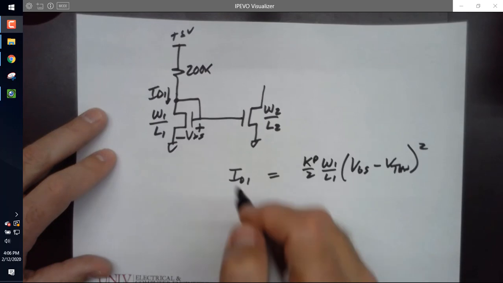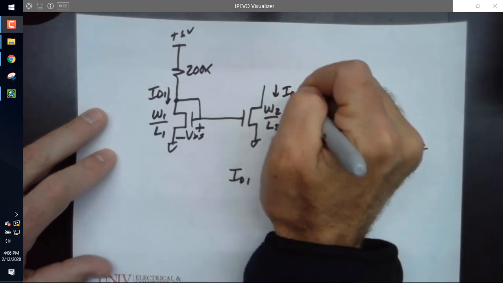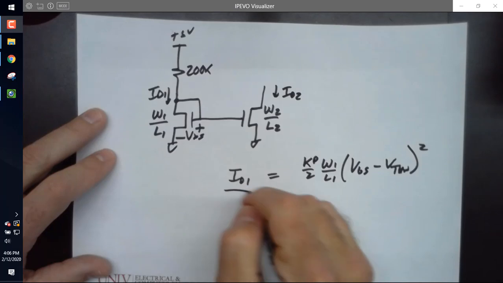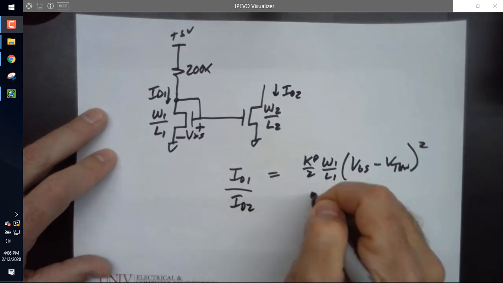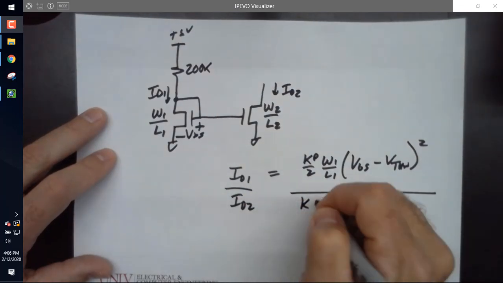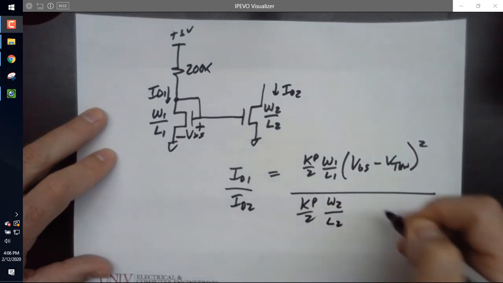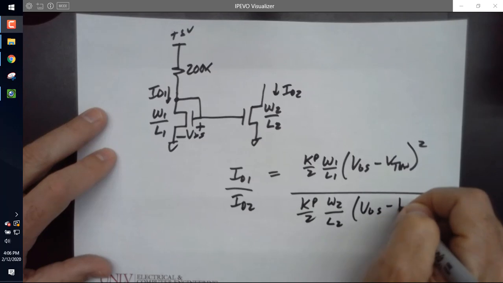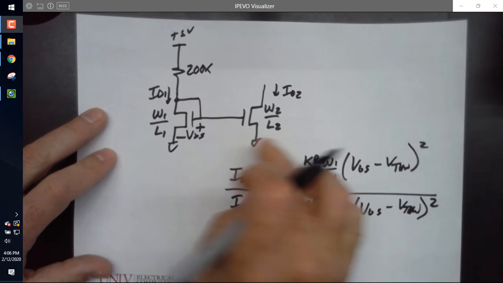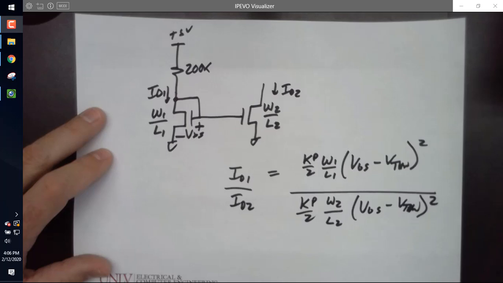Looking good? And this current ID2, assuming saturation, is then Kp over 2 W2 over L2 times VGS minus V threshold N squared. And everybody sees that these VGSs are the same, right?